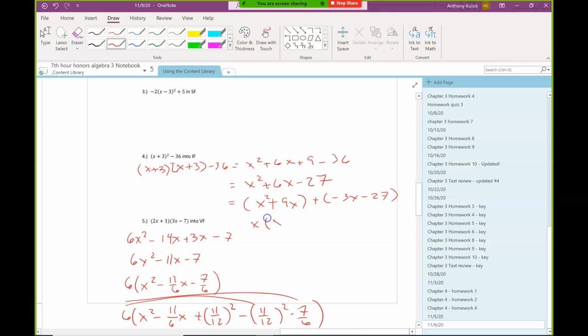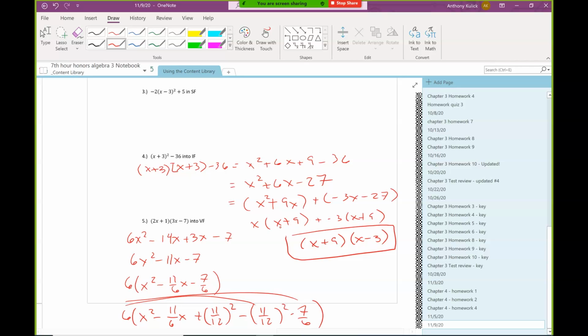So if I factor this up, then I can take an x out and then a negative 3 out. And then I have the x plus 9 and the x minus 3. Is that okay, Amy? Sure, no problem.